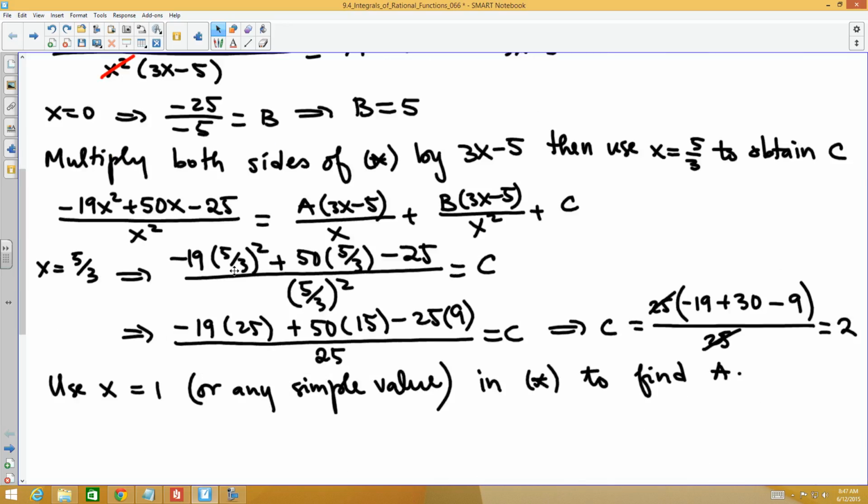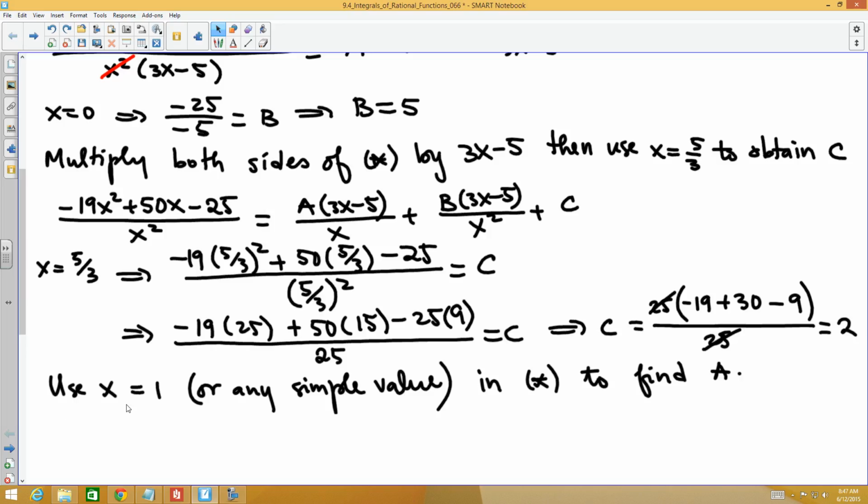So once we do that, if x is 5 over 3, this term is 0, that term is 0, and this one becomes something simple, and we simplify everything, we get c equals 2.